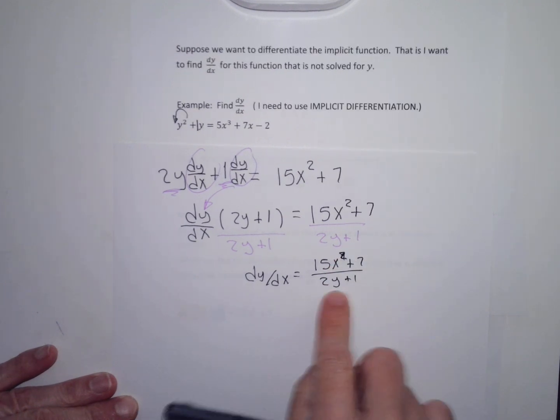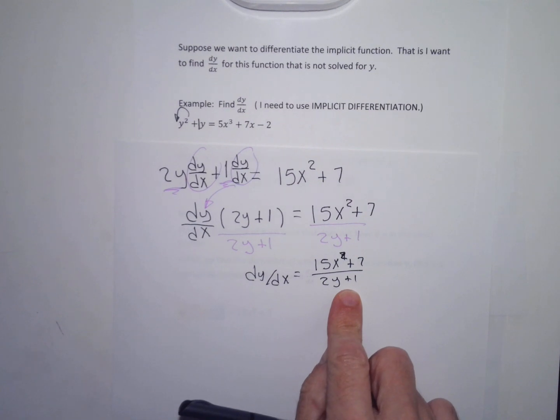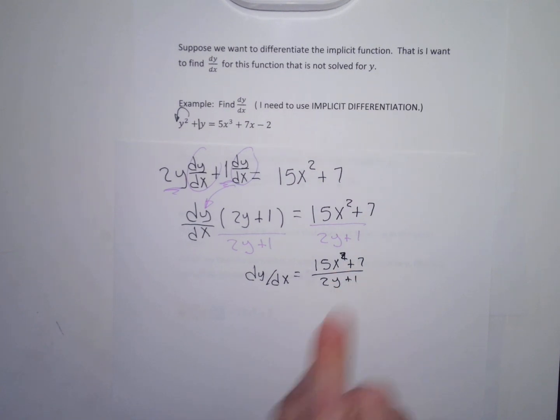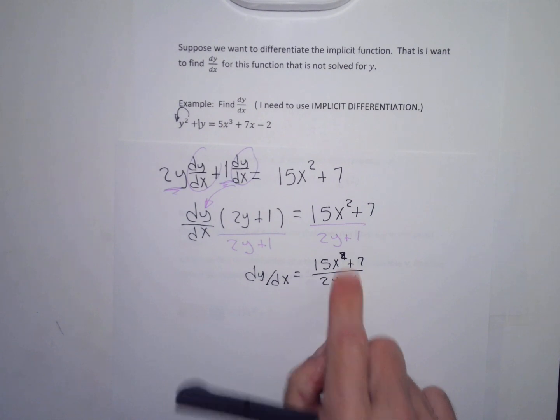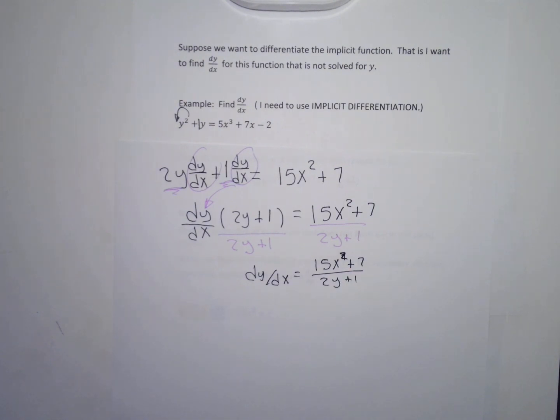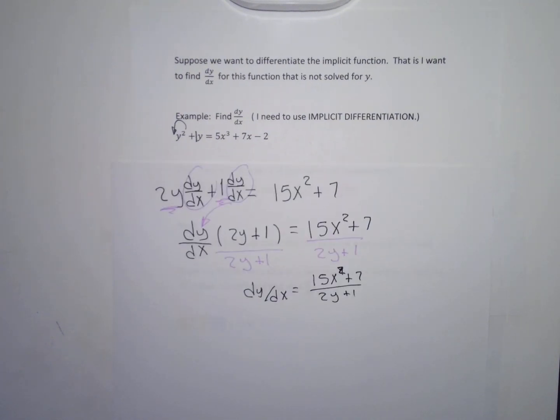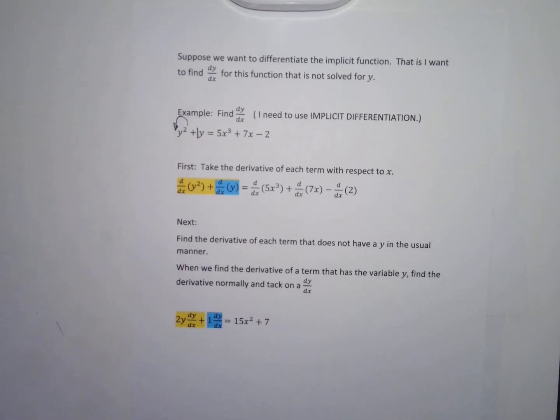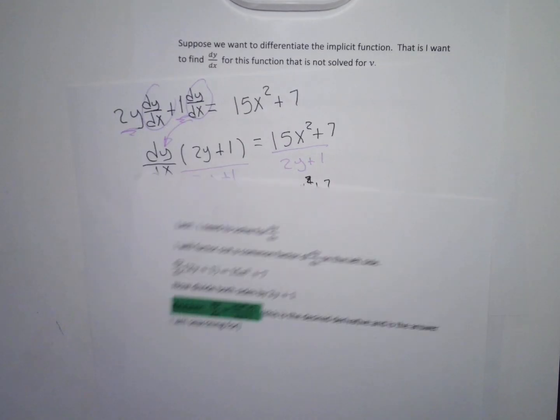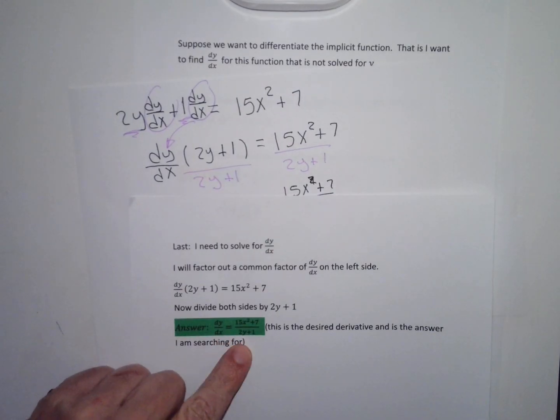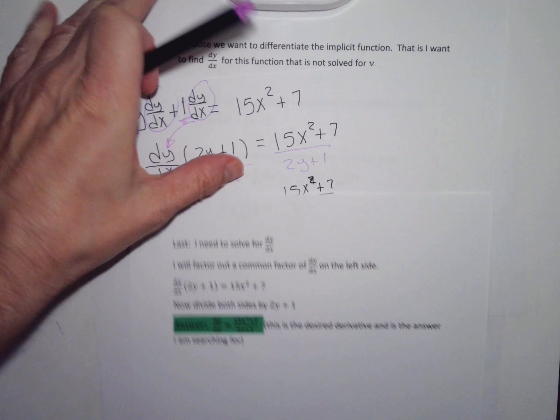When a denominator has a plus in it, it can't cancel with anything but an exact copy. A 2y plus 1 can only cancel with another 2y plus 1. This fraction's not going to reduce. So on this sheet, I spent 2 sheets of paper to finally get to this derivative of (15x squared plus 7) over (2y plus 1).